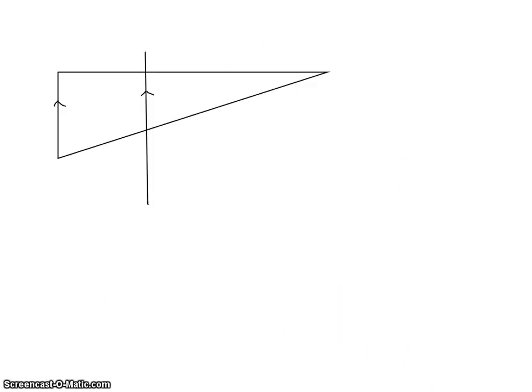Now, here is a triangle. Let's call it ABC. And then notice that this side of the triangle and this segment cutting through the triangle are parallel. You can tell they're parallel because of these arrows that are placed on the lines.